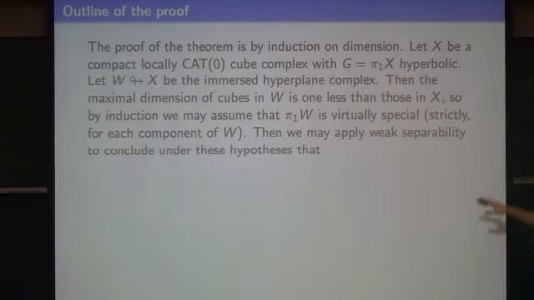And inside of X, there are these hyperplane complexes that Sam talked about. These will be codimension 1 cube complexes, so their dimension will be strictly smaller than the dimension of X, in that the maximal dimension cube will be strictly smaller than the maximal dimension cube of X. So the hyperplane complex, by induction, we can assume is virtually special.